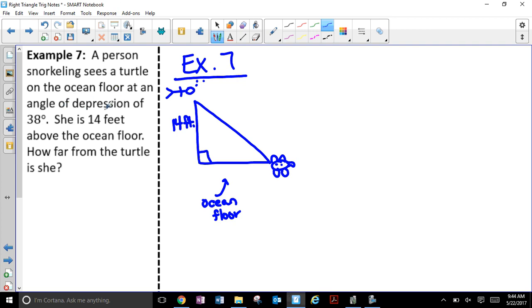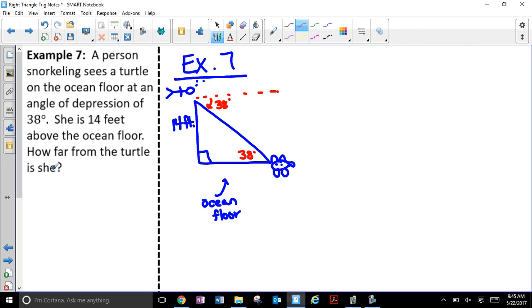What that means is that her looking down here is 38 degrees, but that's not inside the triangle. So if I did my little Z technique here with alternate interior angles, this angle here is 38 degrees. And then we want to know how far from the turtle is she?